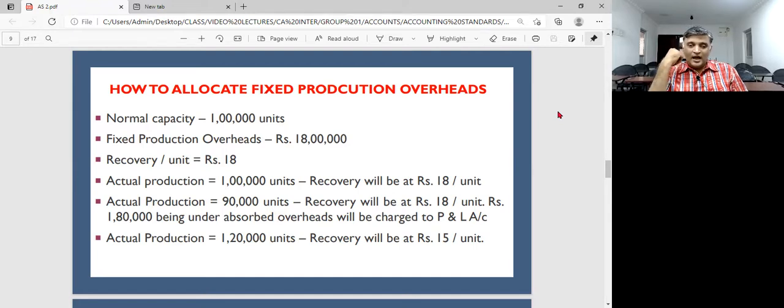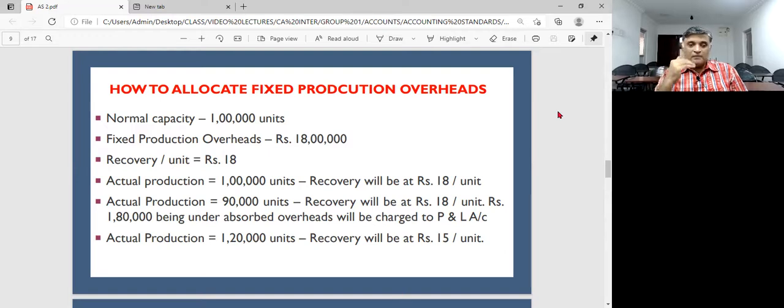So you can at best absorb 18 lakhs, which means since my production is more, my recovery rate per unit will fall from 18 to 15. So if I recover at the rate of 15 rupees, which is 1 lakh 20,000 into 15, I would be recovering the 18 lakhs.